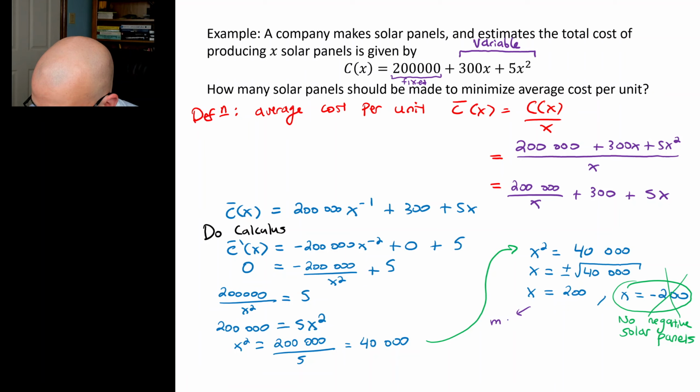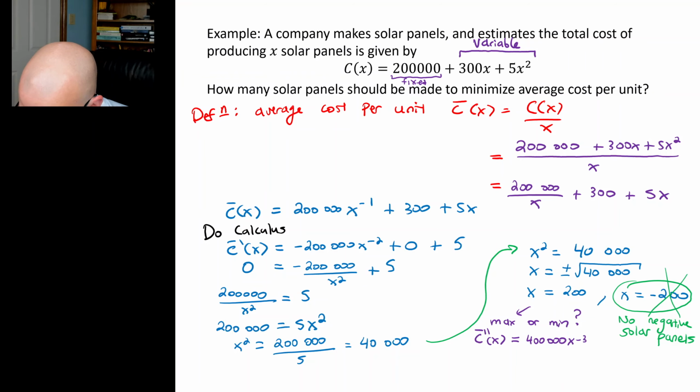Is this a max or min? So I'm going to take the second derivative of the average cost, C bar double prime, which is 400,000 x to the power of negative 3 plus 0.